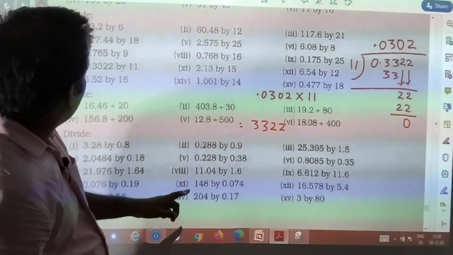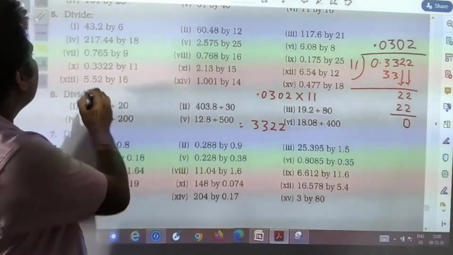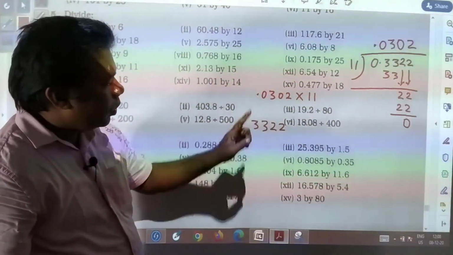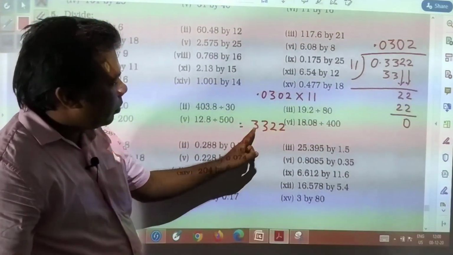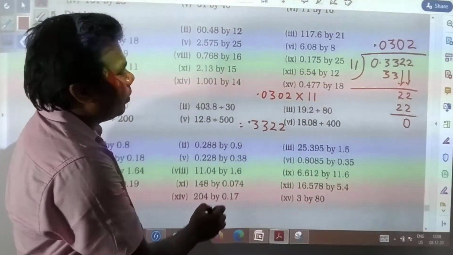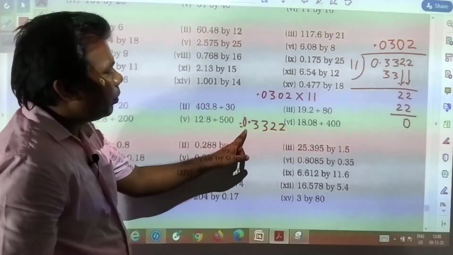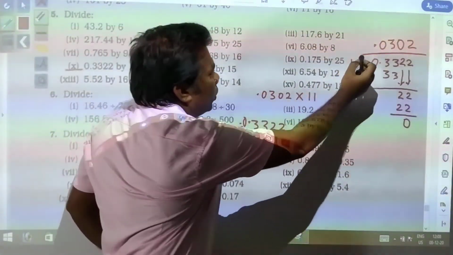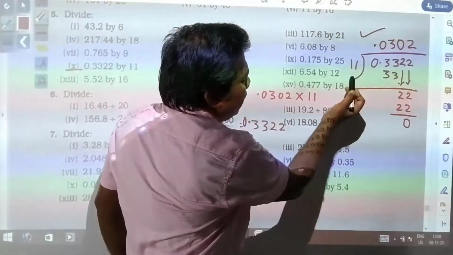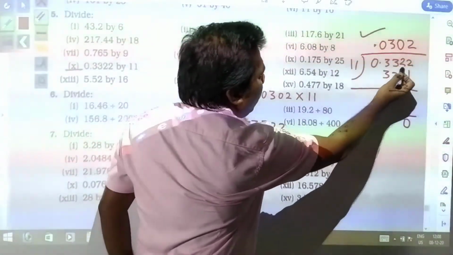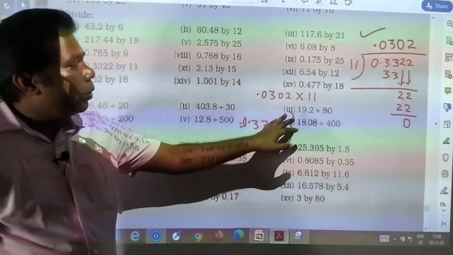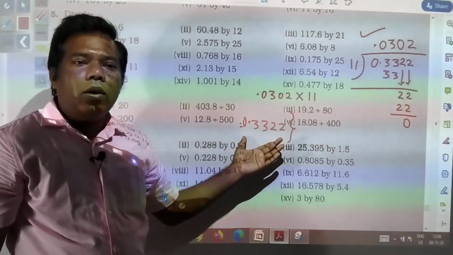Here we will put decimal. So your answer will be 0.3322. So when you are multiplying your quotient by your divisor, you have got your dividend. So in this way you can check your answer is correct or not.